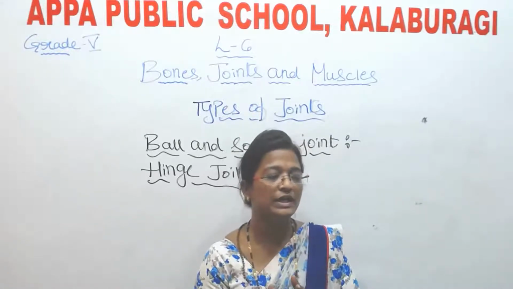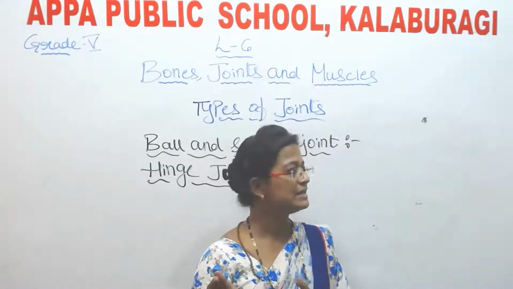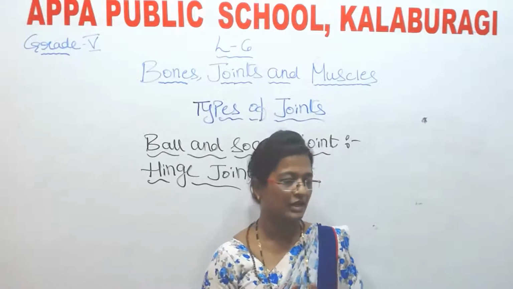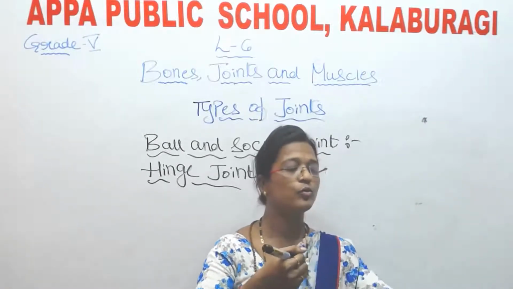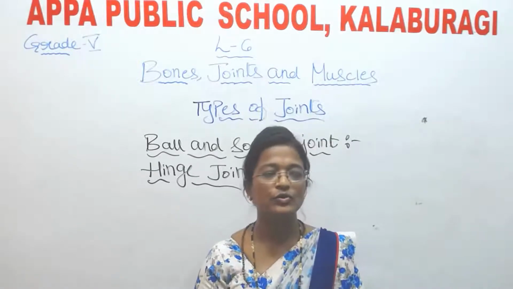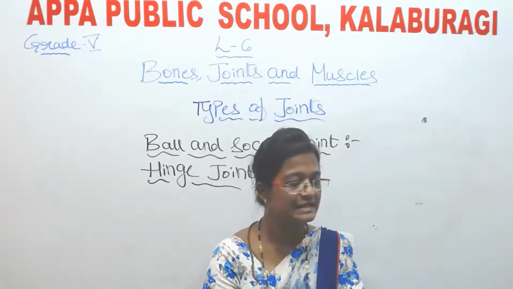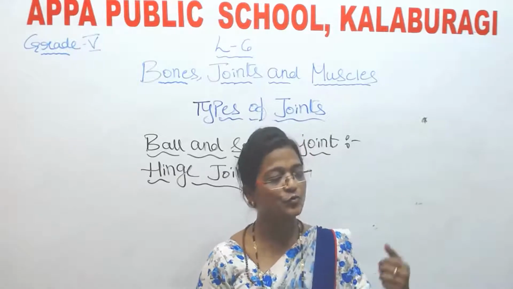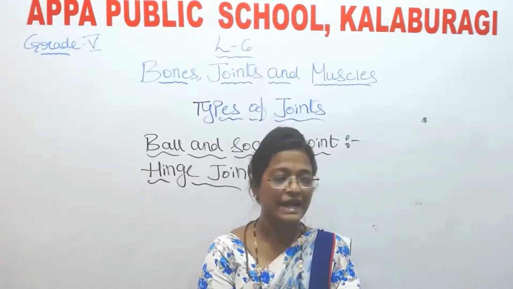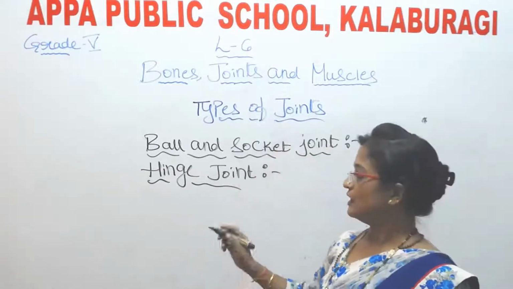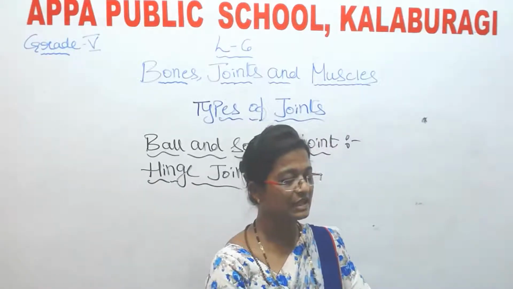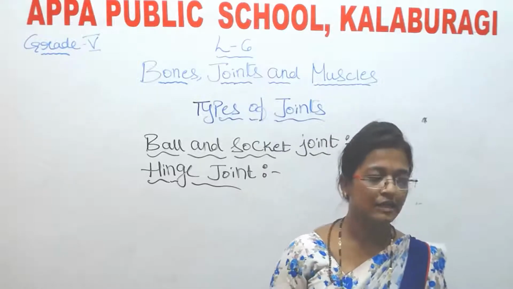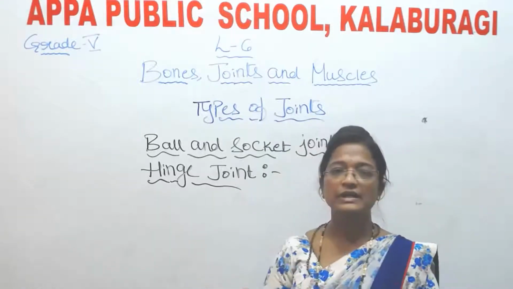Like the doors of your home, we can open and close them, but we cannot move them the other way, isn't it? Like that, the hinges present in our knees and elbows help us move only in one direction. Okay, this is about hinge joint.